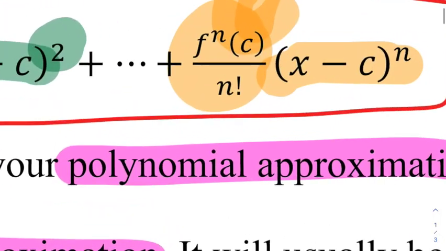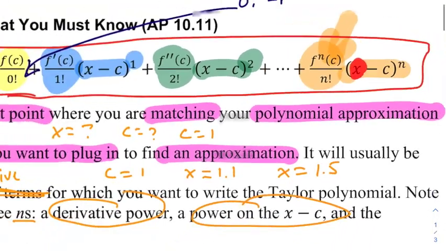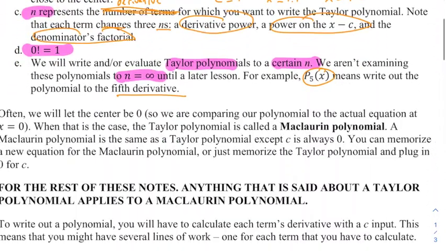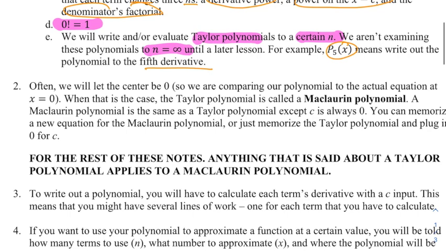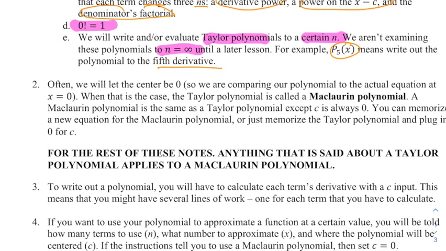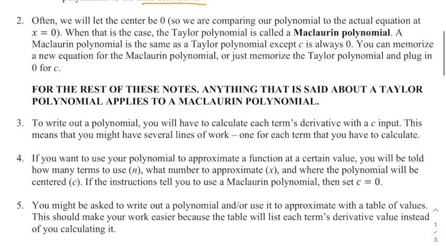Then what we're looking at is we have a center number, a number that we are approximating, that we are connecting our approximation model to the actual function. So the center is something we know. We are approximating our model at a number x, which is usually close to the center. And we'll be told how many terms to do. Okay, so a few things to learn, and then we'll practice one of these.